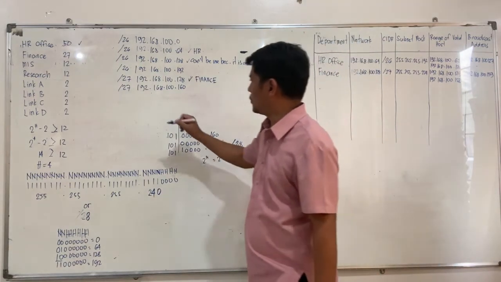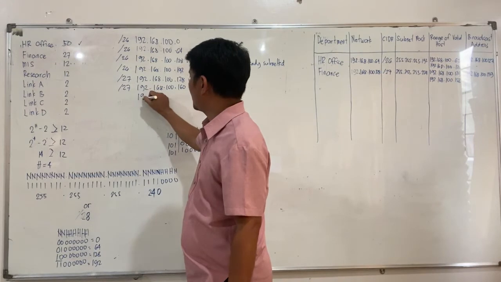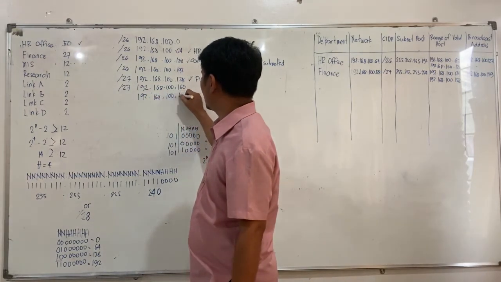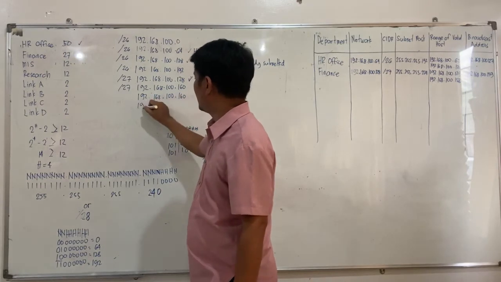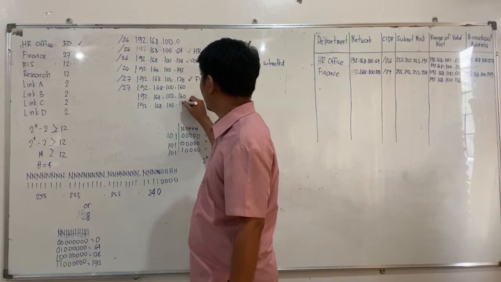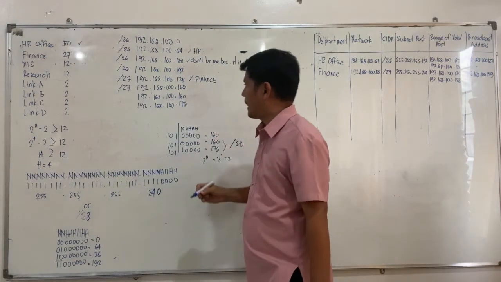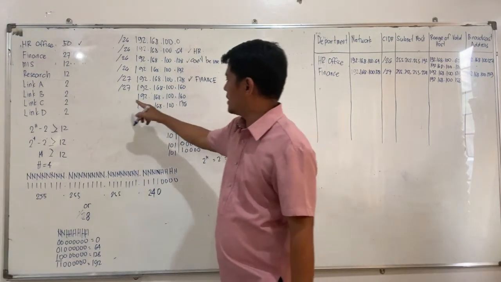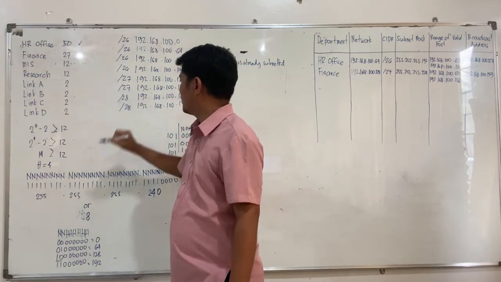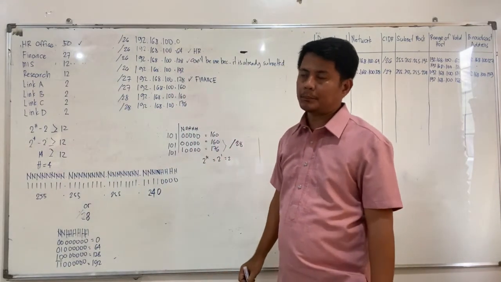We have now produced two additional subnetworks, which are 192.168.100.160 and 192.168.100.176. These two are already our /28.